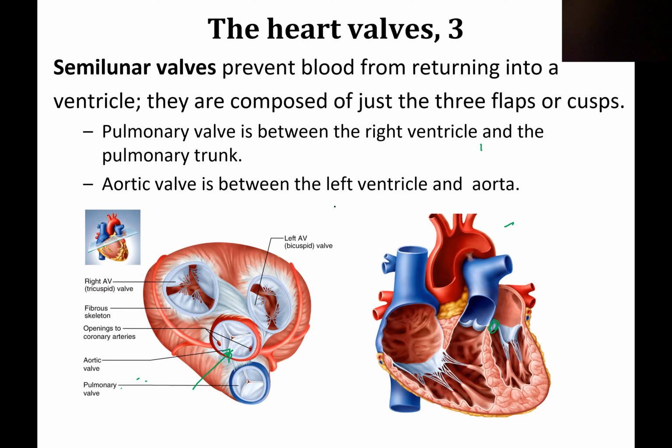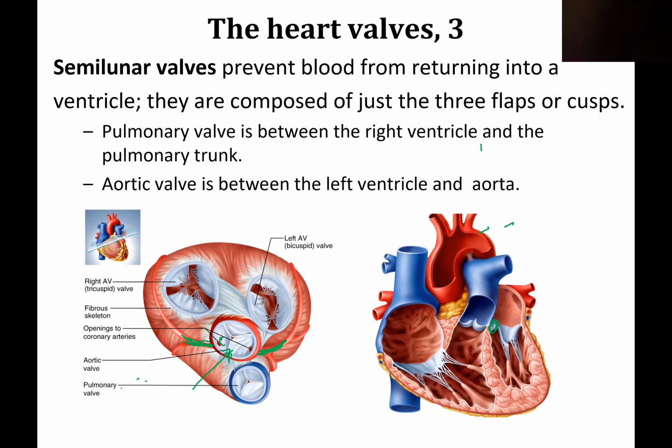Now, this is also a good picture because it shows how the coronary arteries come off of the aorta right after the aortic valve. This would be the left coronary artery, and this would be the right coronary artery.